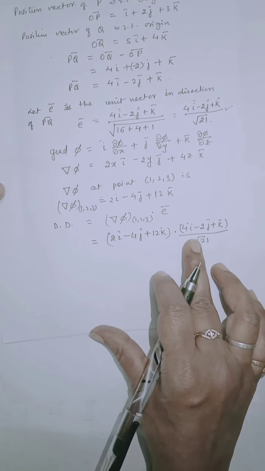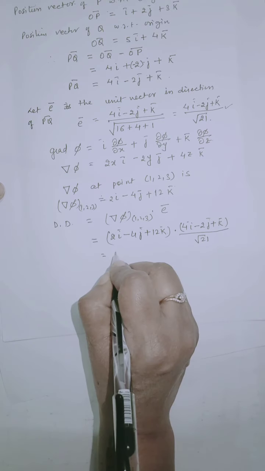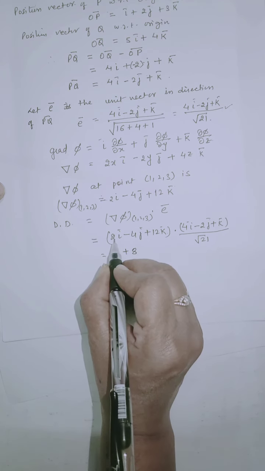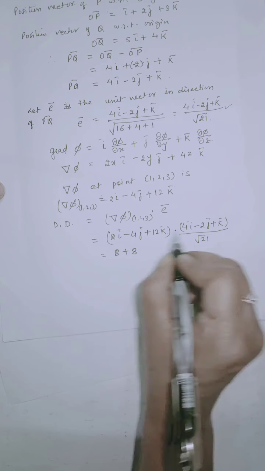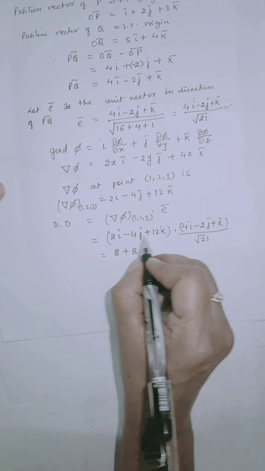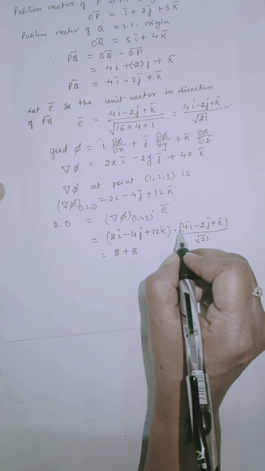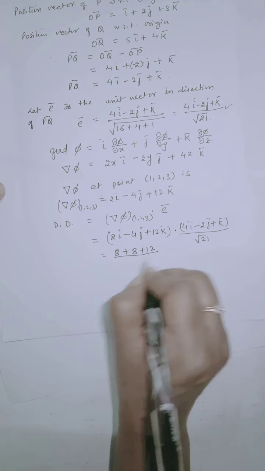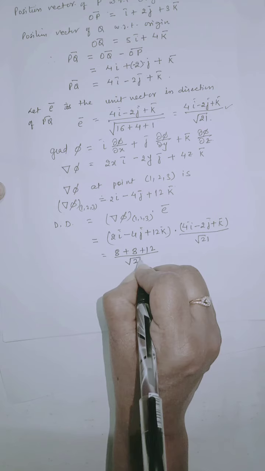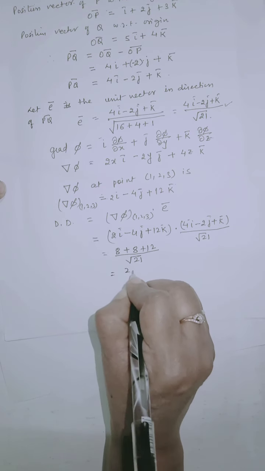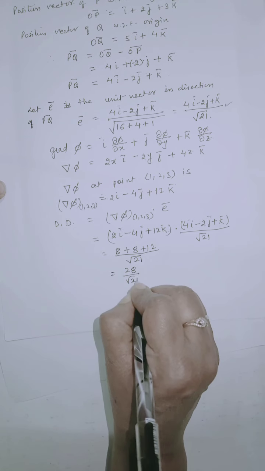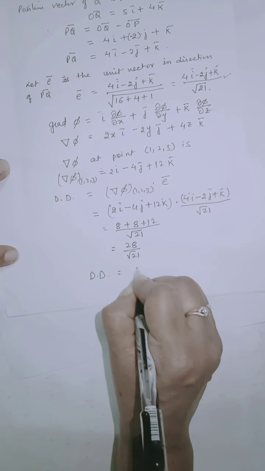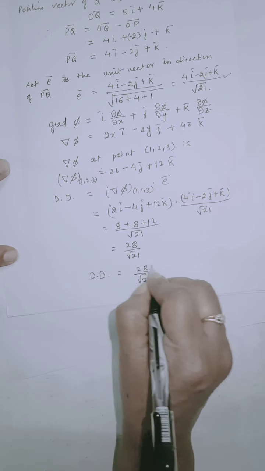Now the dot product of these two will be nothing but 8 plus 8. See, 2i multiplied by 4i gives you 8 i squared, i squared is 1. Minus 4j times minus 2j gives 8 j squared, j squared is 1. Plus 12, divided by root 21. So this gives you 20 plus 8, 28 by root 21. So your directional derivative is 28 by root 21.